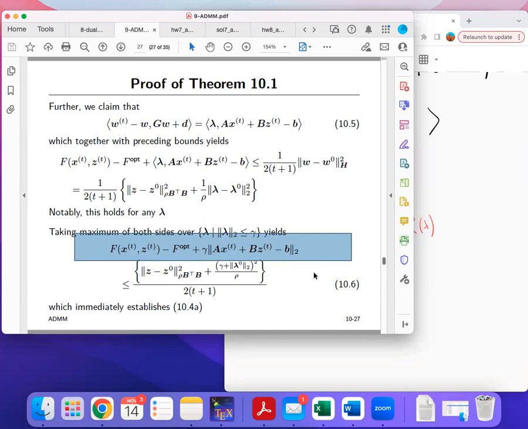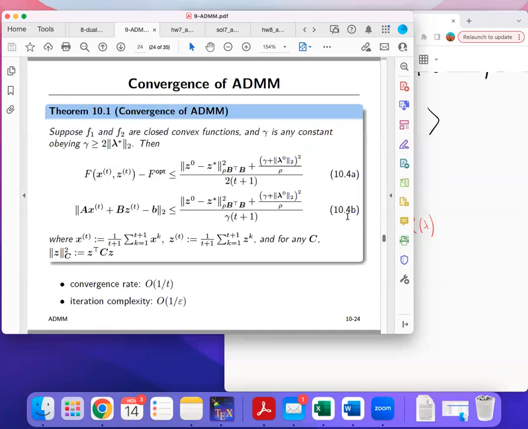It doesn't affect this inequality. So essentially, this implies that this optimality gap is bounded by the right-hand side. So that gives 10.48. And then we still have 10.4b.